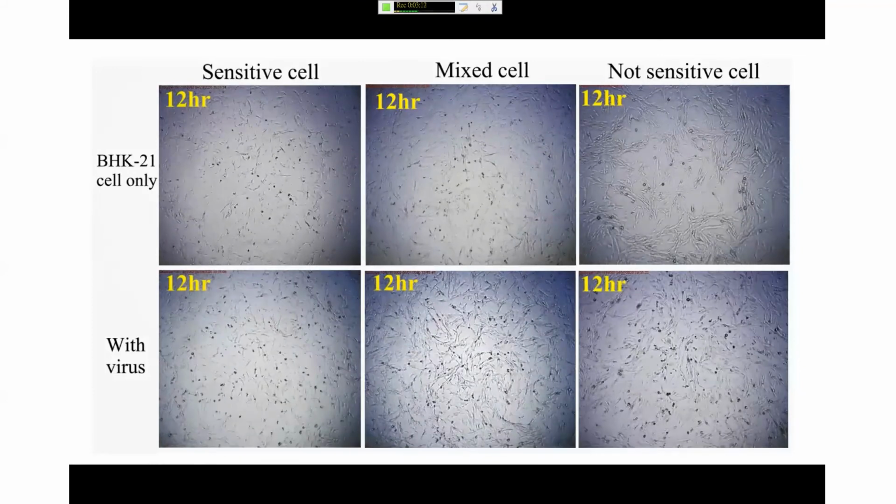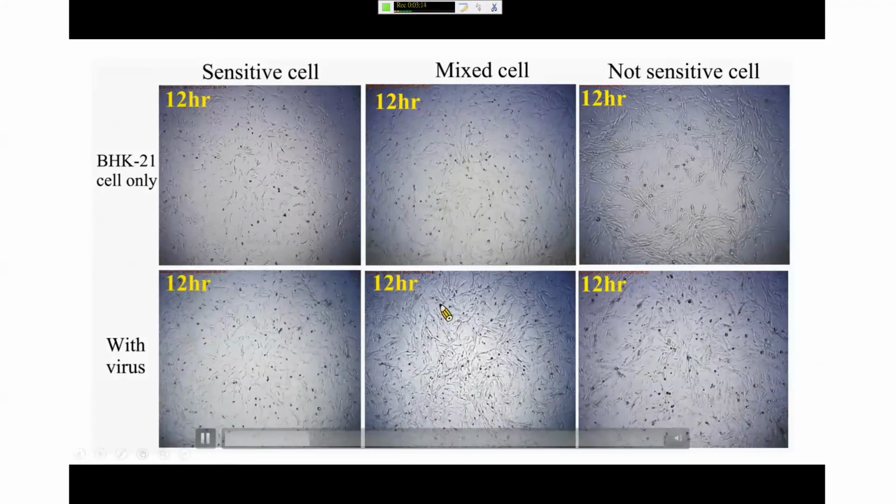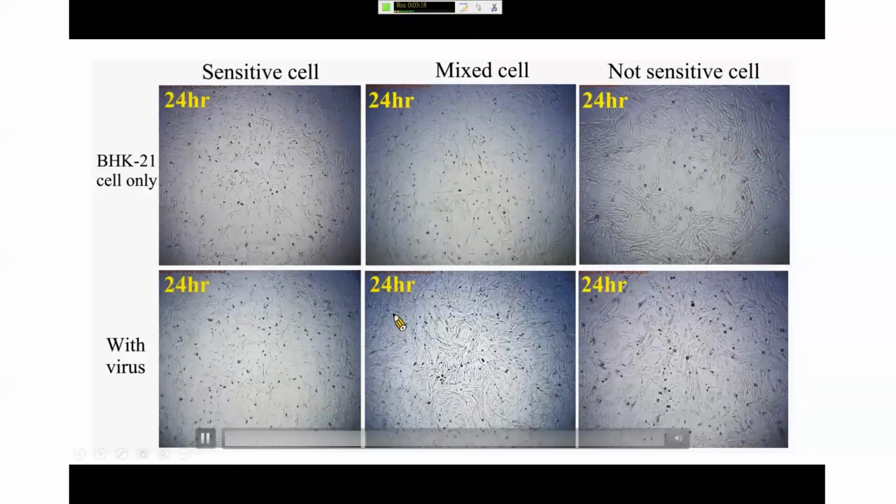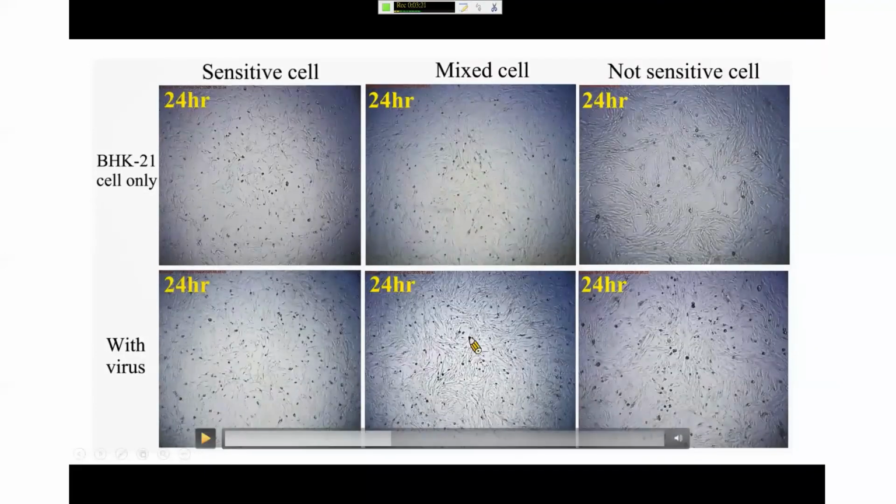After virus infection, the cells still can grow more and more. And after 24 hours, you can see a lot of CPE show up in the different cell clones. However, some cells grow more and some cells did not.